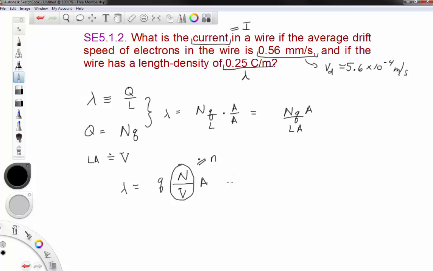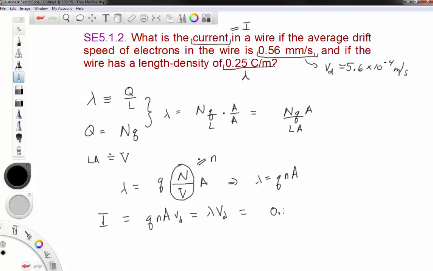So, in other words, lambda is equal to Q times n times A. And the current from the equation that we had before was basically given by Q times n times A times the drift speed. So therefore that's going to be equal to lambda times the drift speed.